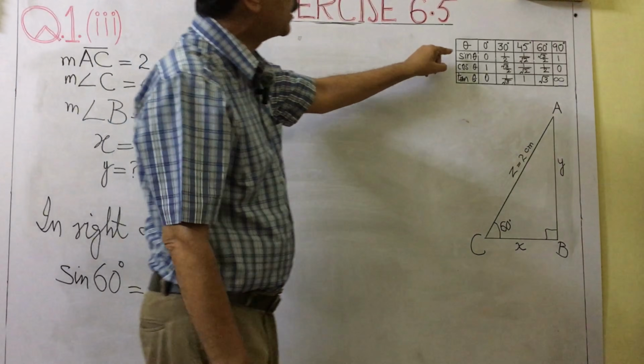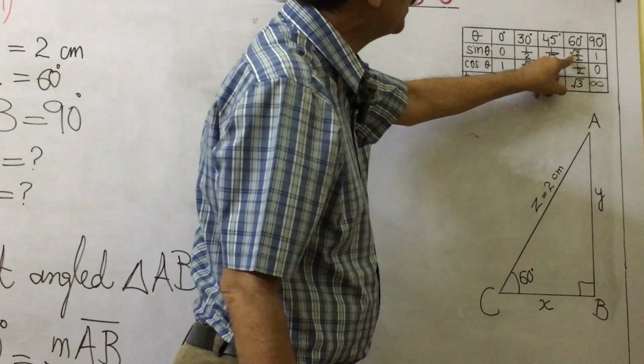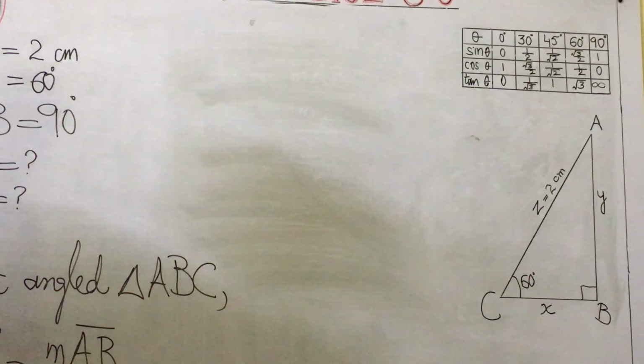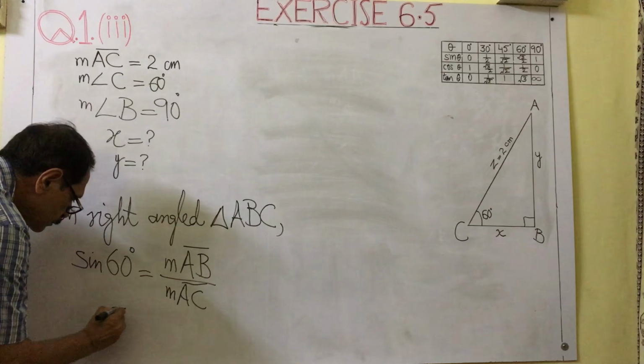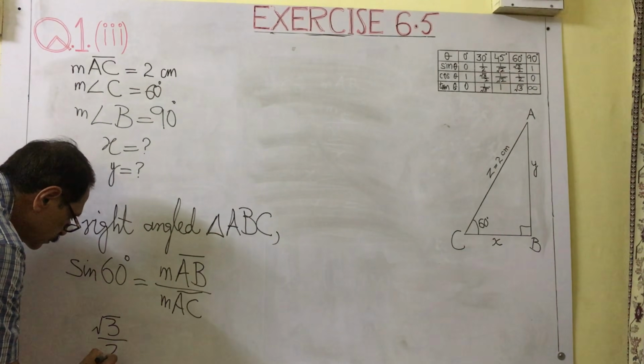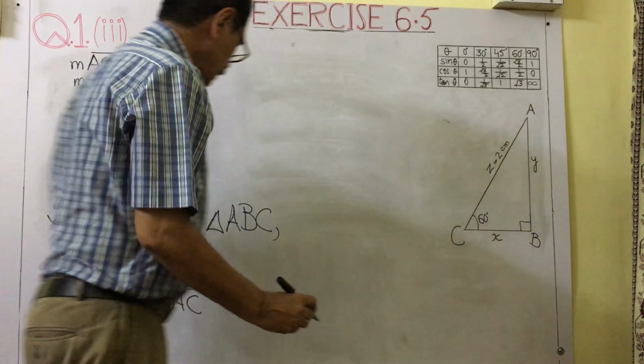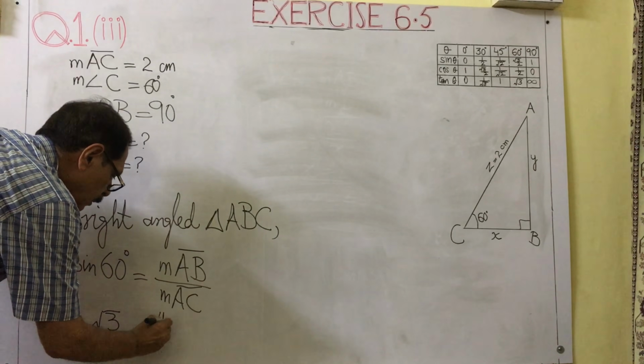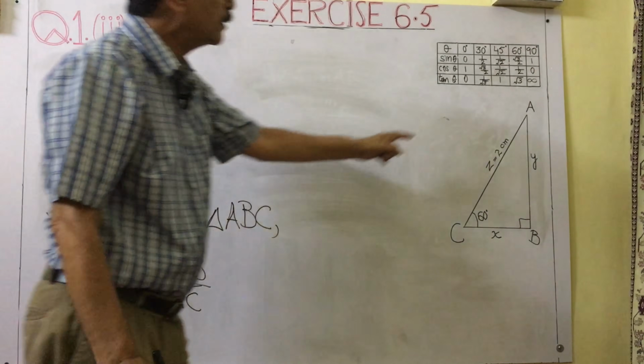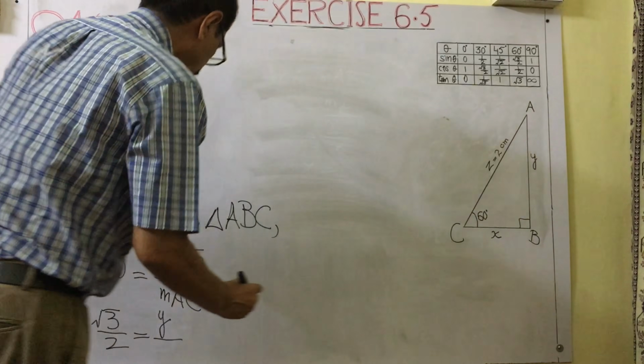Sine of 60 degrees, the value is square root of 3 by 2. AB is Y, AC is 2 centimeters.